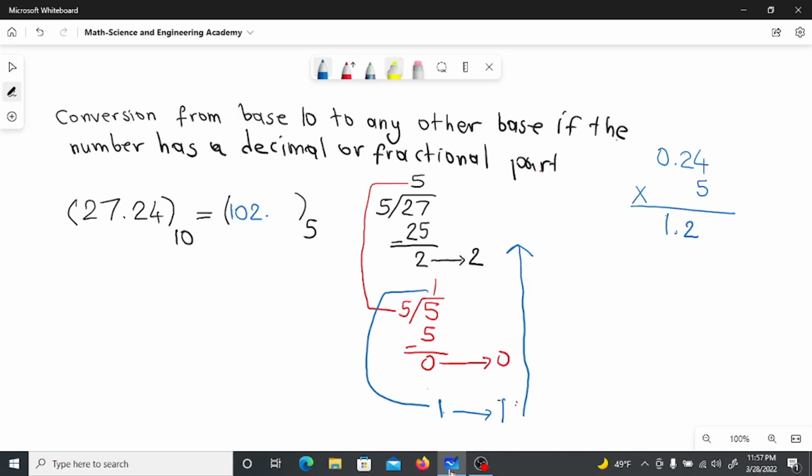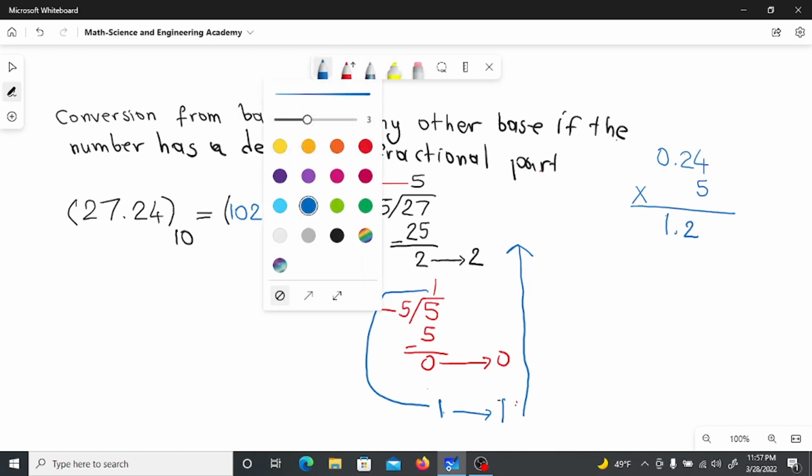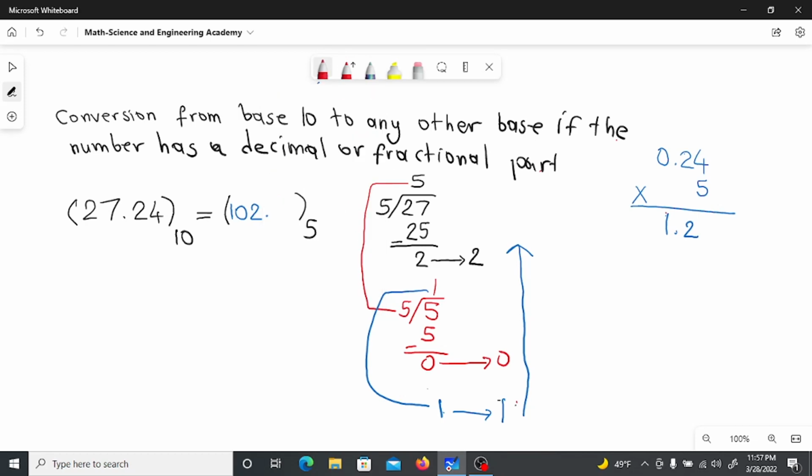What we are doing is taking the whole part and writing it here. When you remove 1 from 1.2, 0.2 is left. 0.2 times 5 is 1.0, and we write this one here. We cannot continue because you already got 0 for that part. We write from top to bottom: 1, 1.